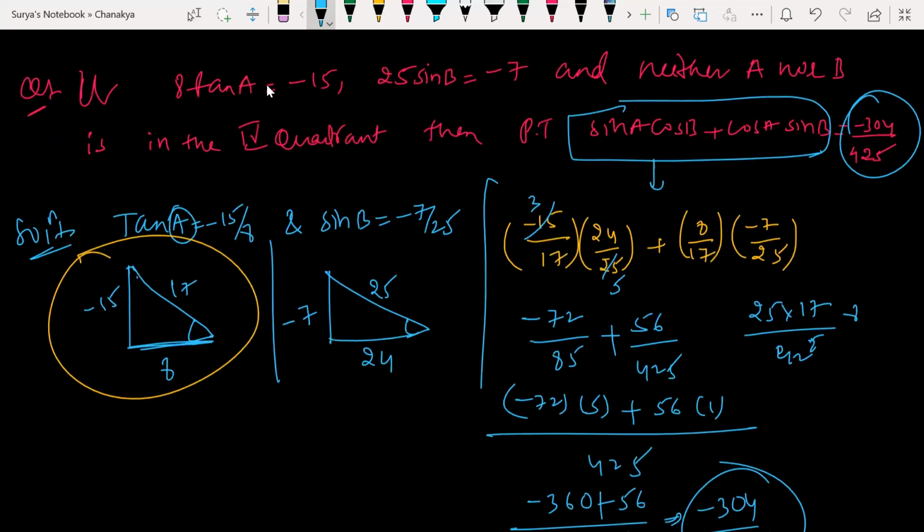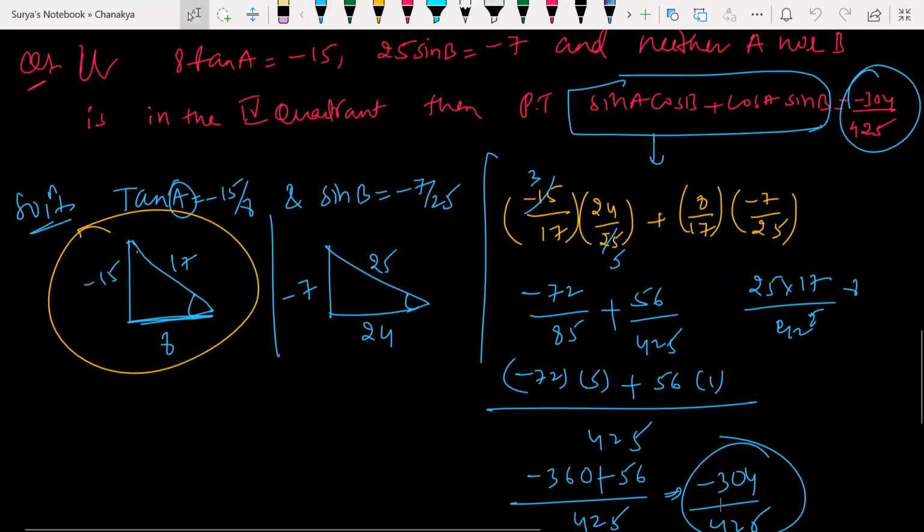Minus 7 by 25, minus 7 opposite by hypotenuse. So sin B we wrote correctly. Maybe we can write minus 5 rather than 5.